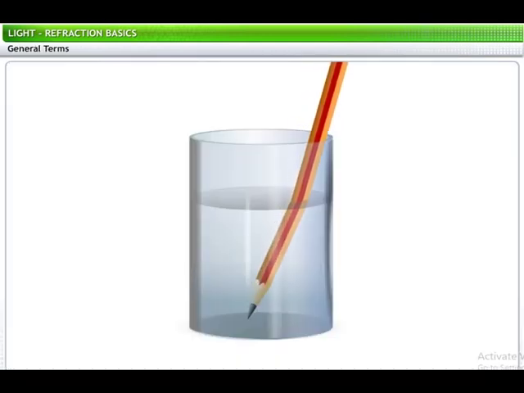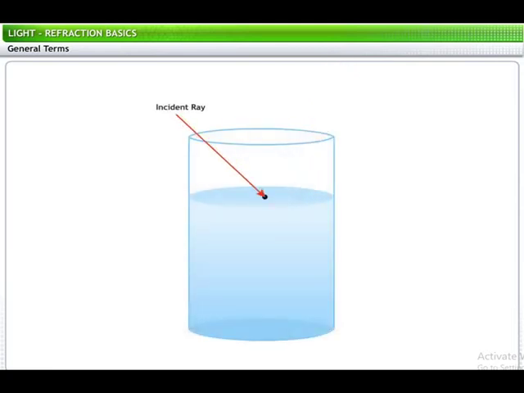Let's examine refraction of light as we saw it in the pencil and look at various terms associated with this phenomenon. The ray of light that is incident on a surface is called the incident ray. The ray that deviates at the point of incidence due to a change in medium is called the refracted ray.